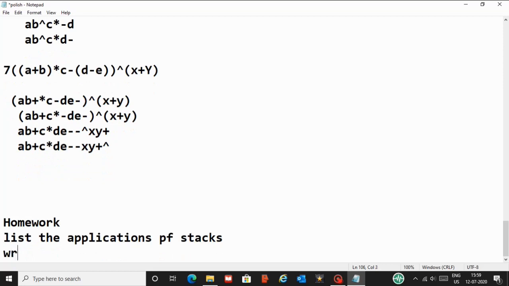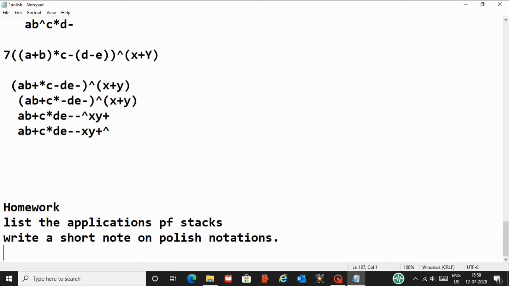Next is write a short note on Polish notation. Please make a note of the homework questions.